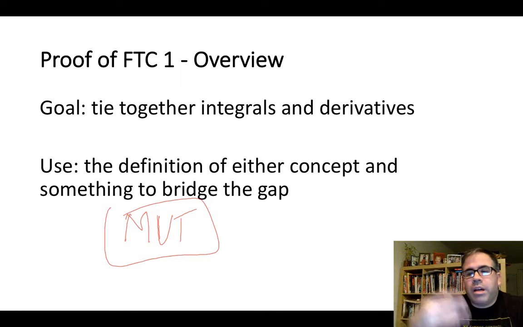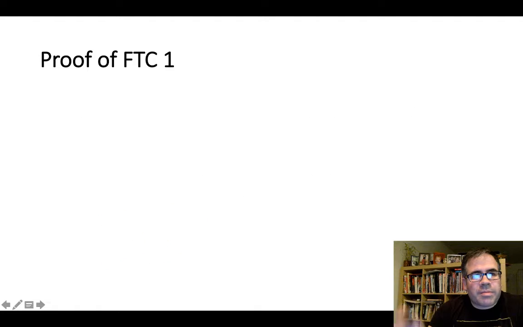So at this point, maybe you've already turned off, but if you're interested in a proof, let's do a proof. All right, so the proof of the fundamental theorem of calculus 1. We're going to start with all our terms defined.